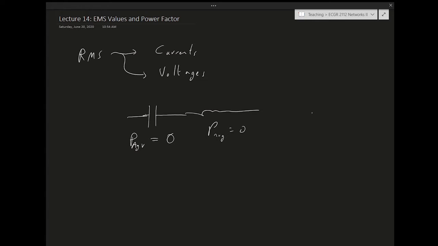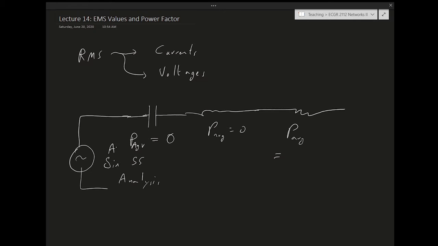But the resistor does consume average power. We discovered the formula for the resistor, of course in the case of sinusoidal steady state analysis, or what's called AC steady state analysis.